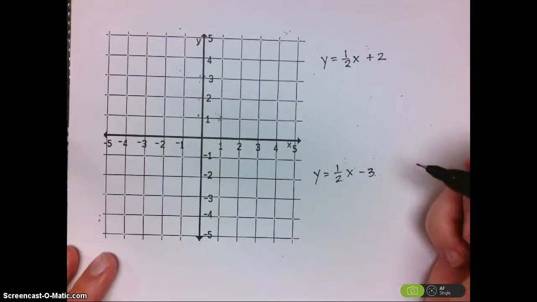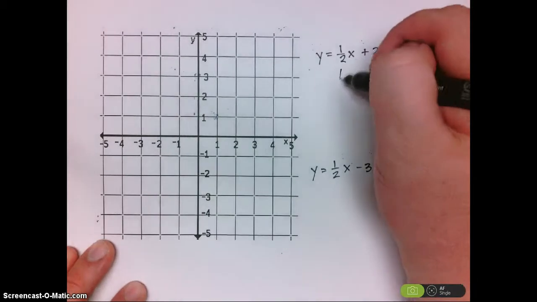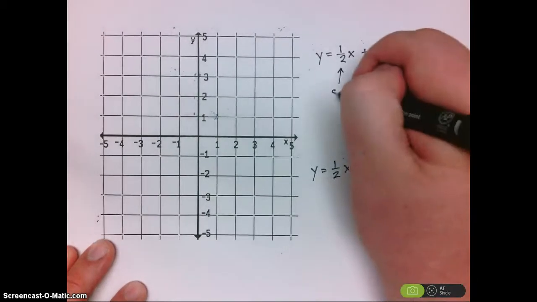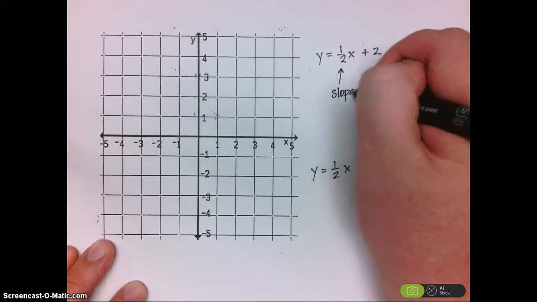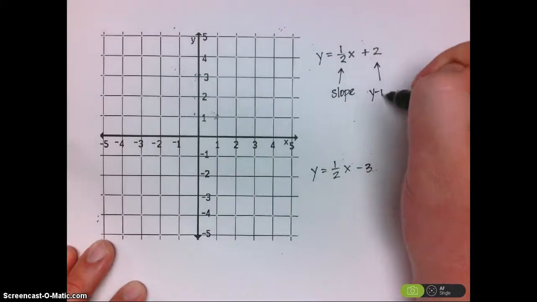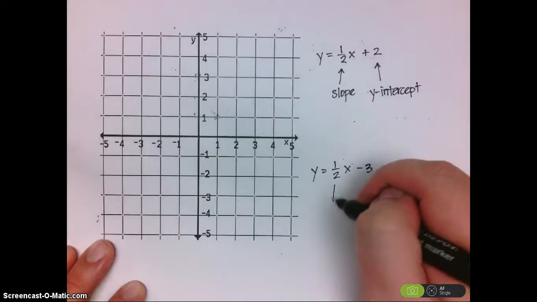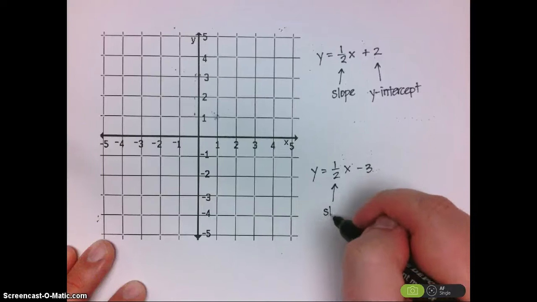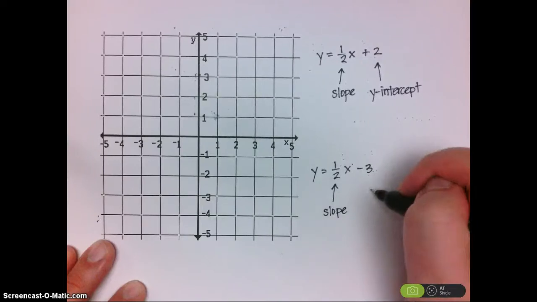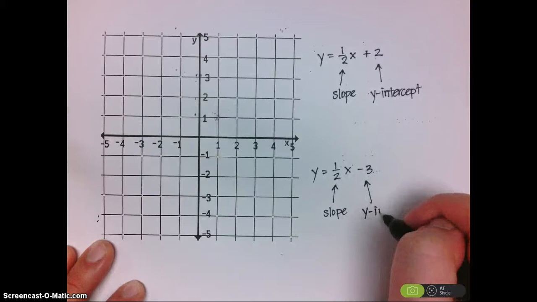Both of these, luckily, are already in slope-intercept form, so I just need to identify what my slope is. The slope of my first equation is 1/2. The y-intercept is +2. For my bottom one, the slope is also 1/2. But this time, the y-intercept is -3.